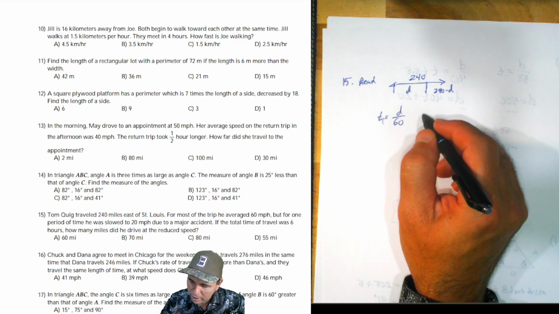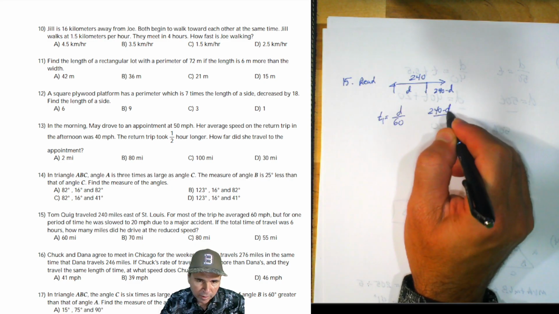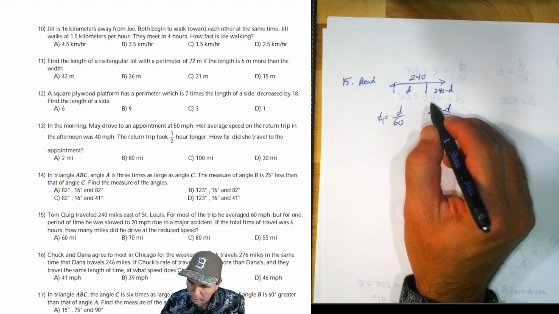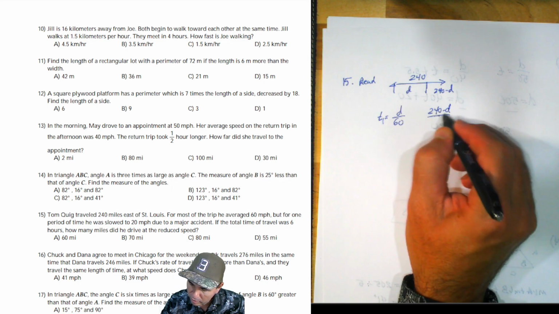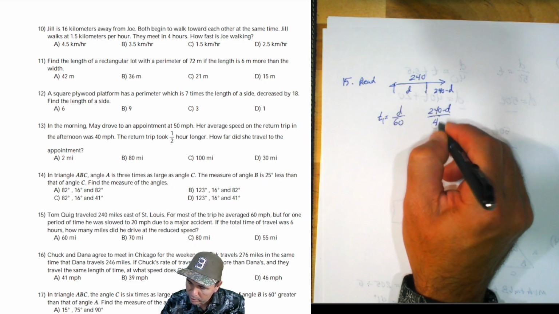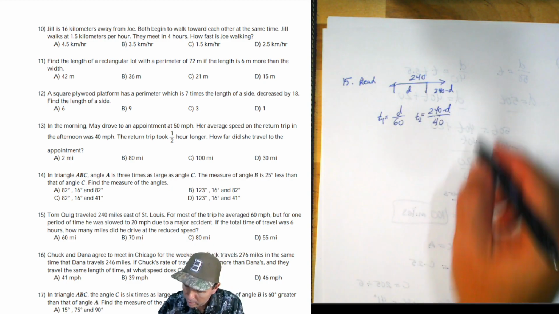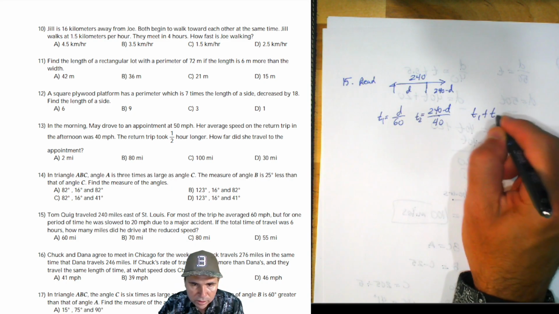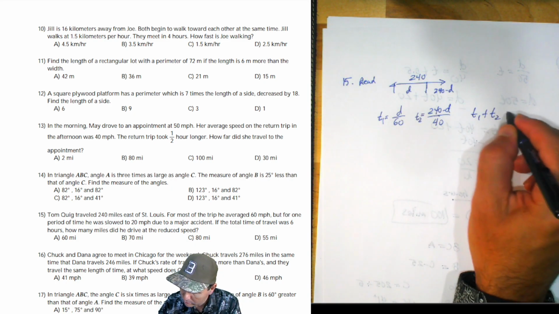Then if I take 240 minus d and divide it by the slower rate, which was 20 miles per hour slower, but wait a minute, 20 miles an hour slower means instead of going 60 miles per hour, you're going 40 miles per hour. And that's going to be T2. And guess what? T1 plus T2 is a total of 6 hours.